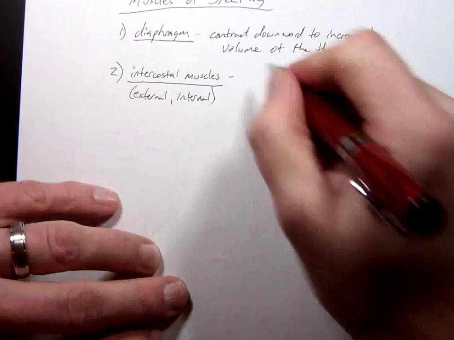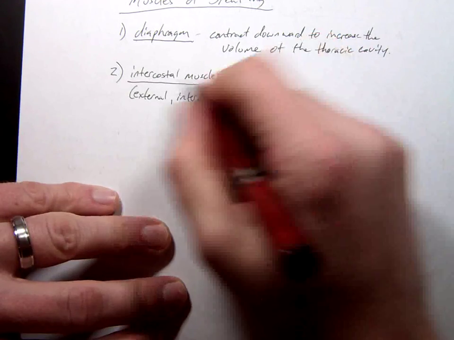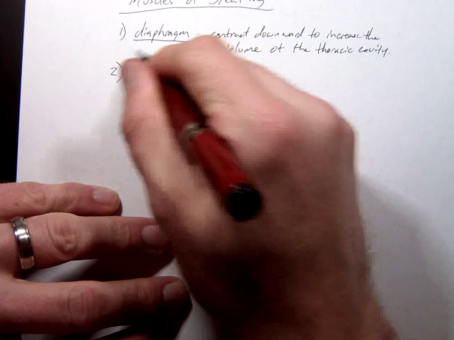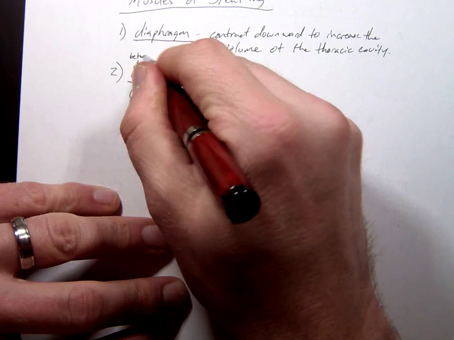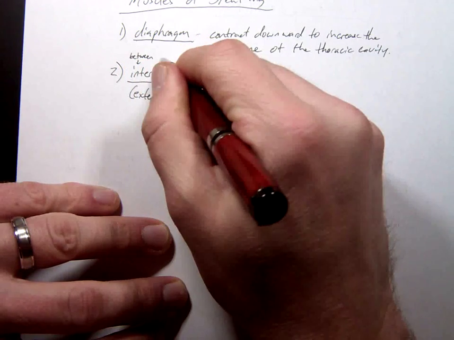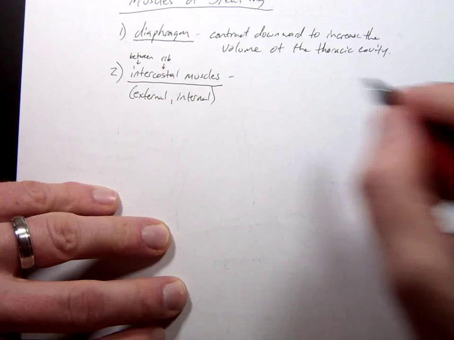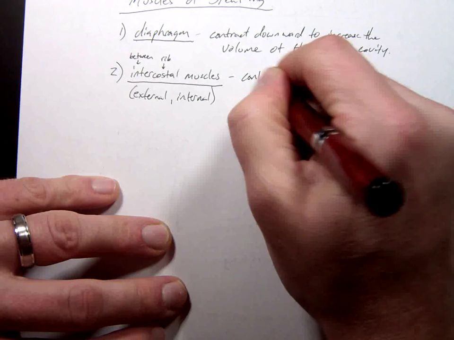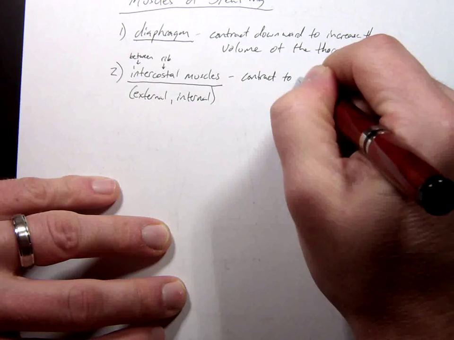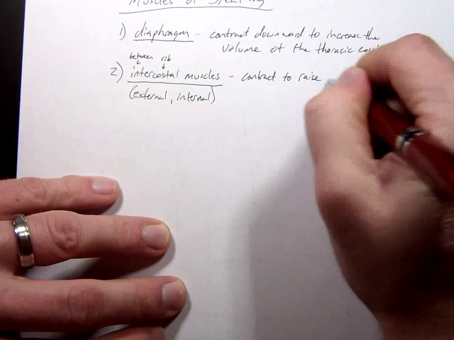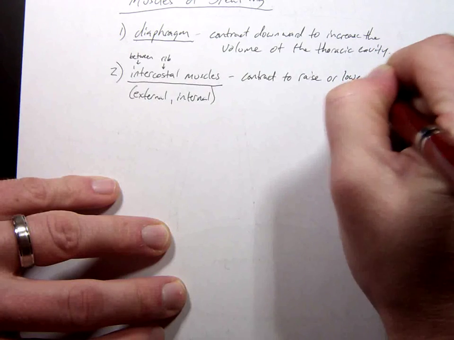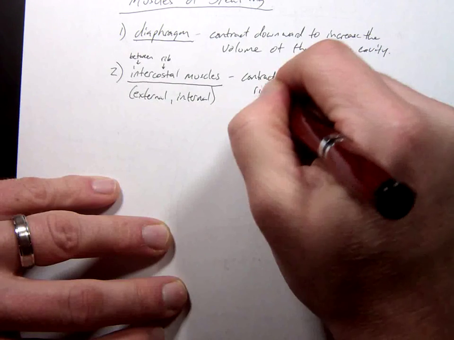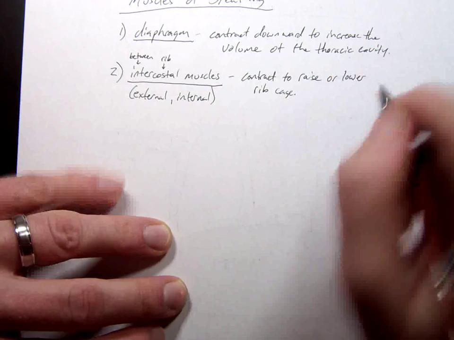All right? These muscles, inter means between, costal means ribs. So these muscles are in between your ribs. Okay? So they will contract to raise or lower the rib cage and either increase or decrease the volume.